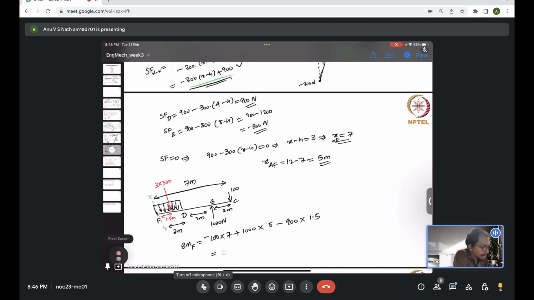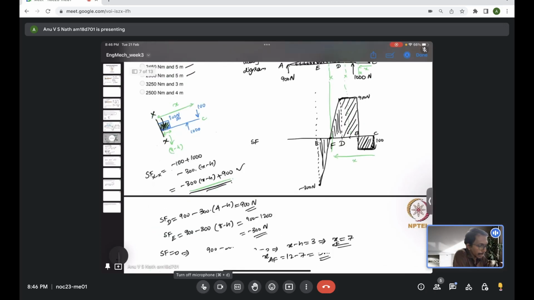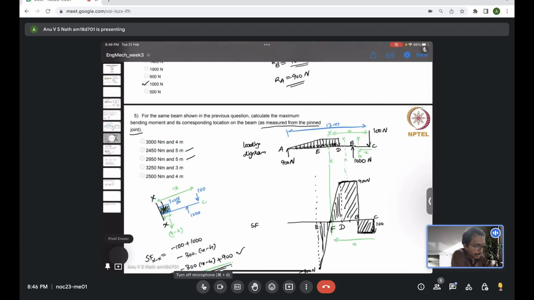So we will get it is 2950 Newton meter. So this is the bending moment at the location F. So if we go back, option C, which has 2950 Newton meter, along with the location where it happened, which is 5 meter measured from the end A.